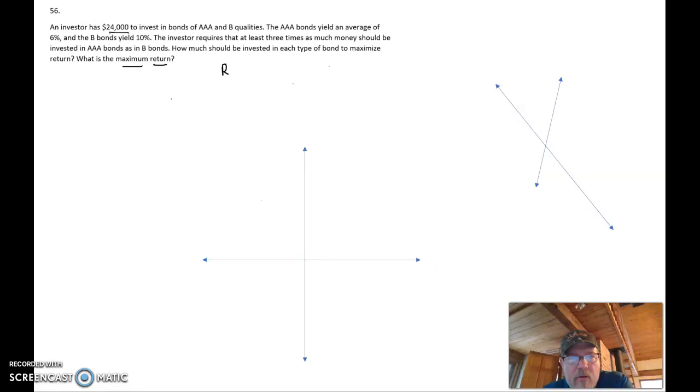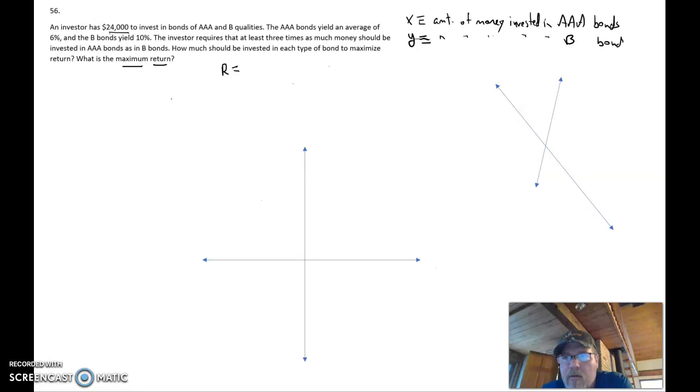Our return function is 6% of the AAA. I'm going to let x equal the amount of money invested in AAA bonds, and y is the amount of money invested in B bonds.